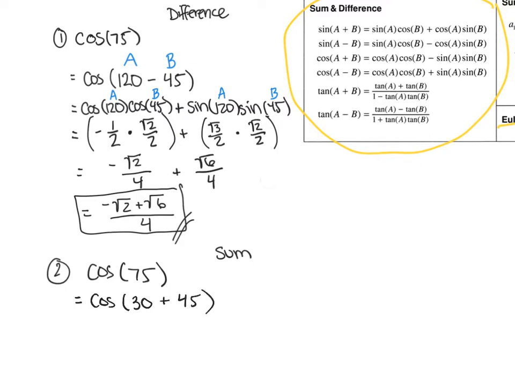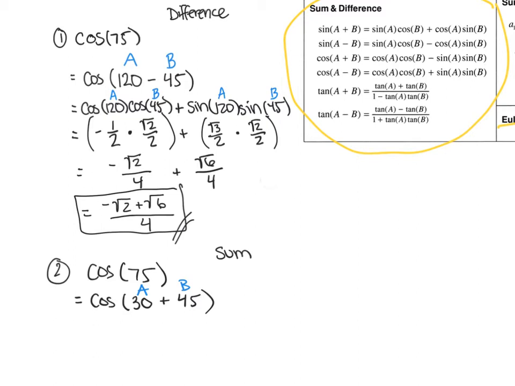So 30 degrees and 45 degrees are on our unit circle. They add up to 75, and they're going to be our angle A and B. Since we're adding, if you made 45 your angle A and 30 your angle B, that's still going to give you the same thing.